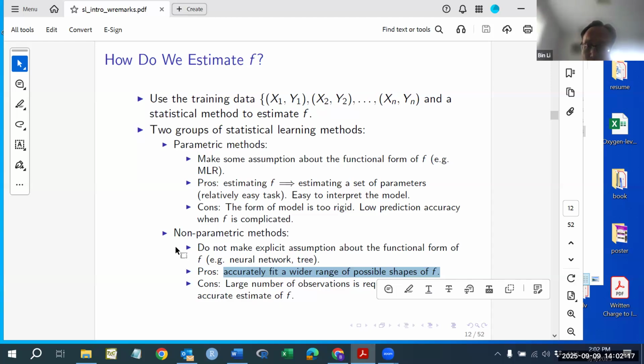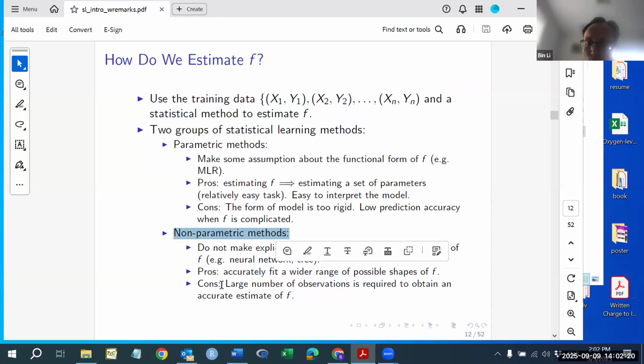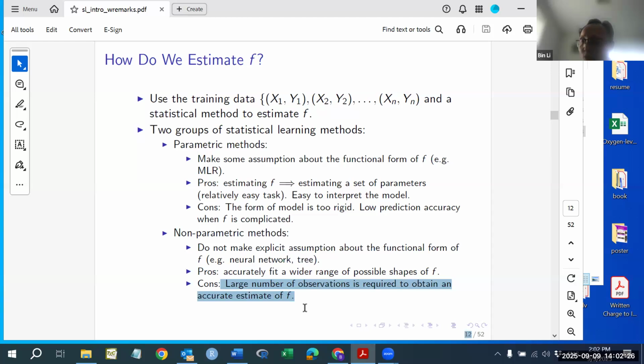But the drawback is this non-parametric approach usually requires a large number of observations to get a good estimate of F. That's why, when I do consulting, a few times clients came to me and said, "Oh, I want to fit some machine learning algorithm like deep learning models on this data set," and I asked the client, "What is the sample size?"